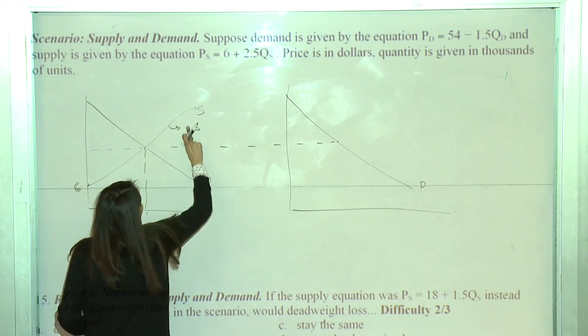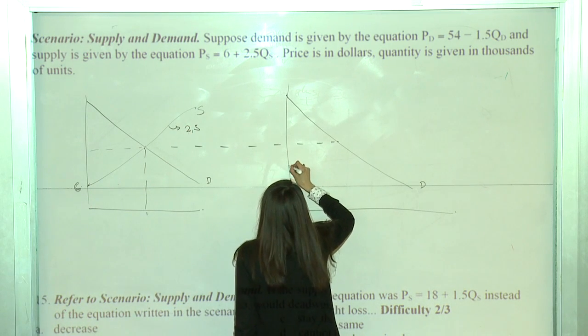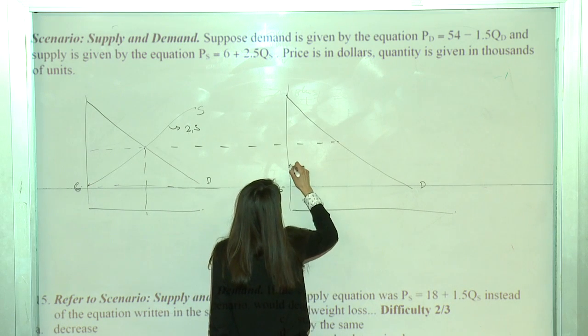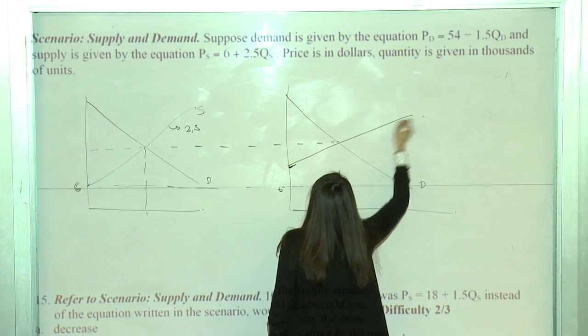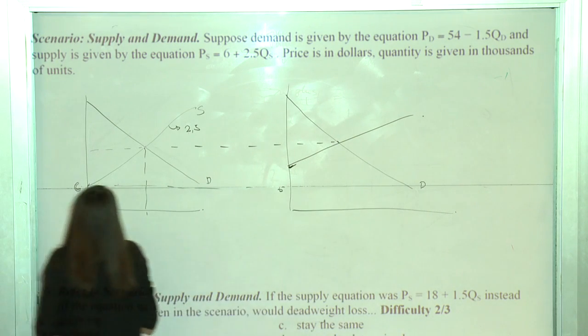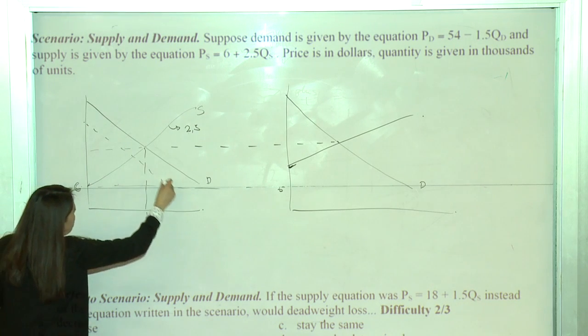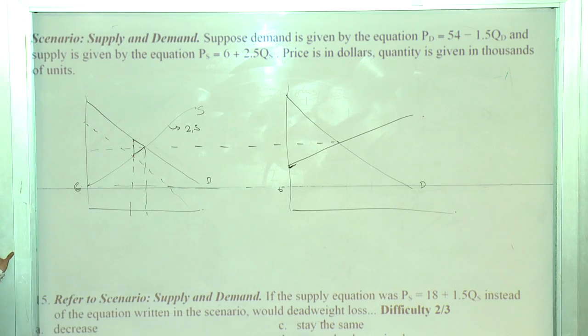Sorry, before it was 2.5, now it's flatter, it is 1.5. Okay, so if there is a tax, my deadweight loss here was this, right?